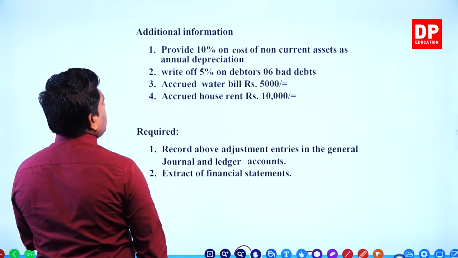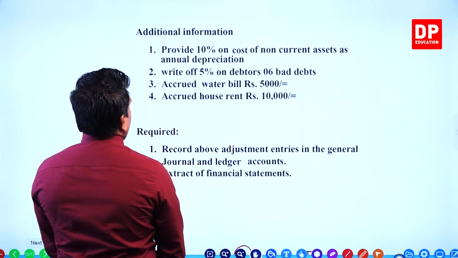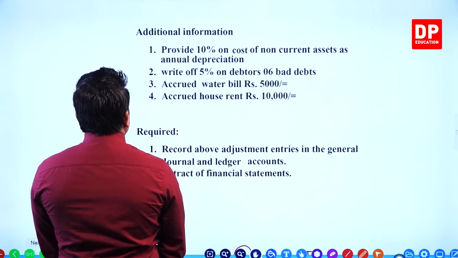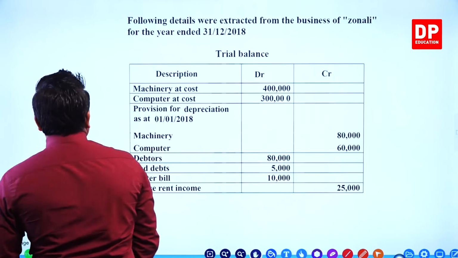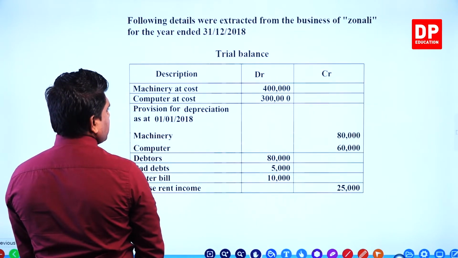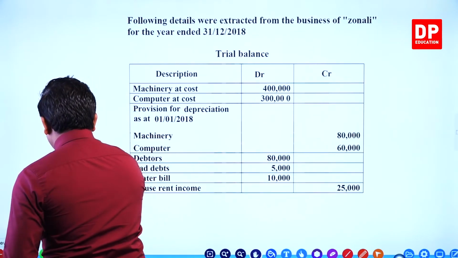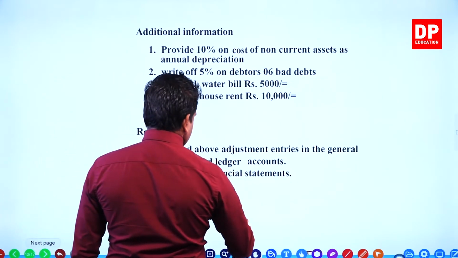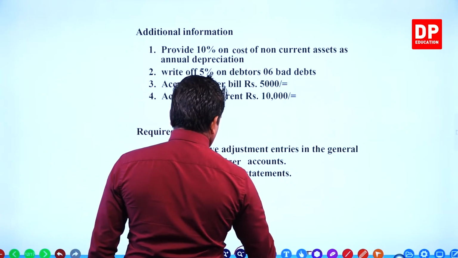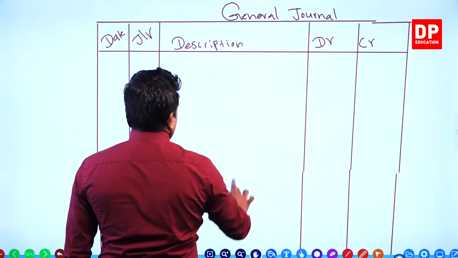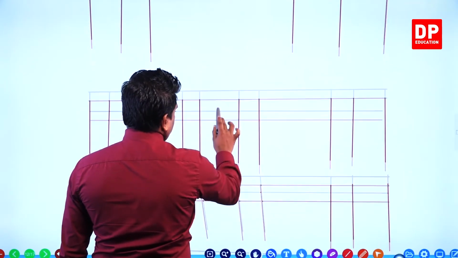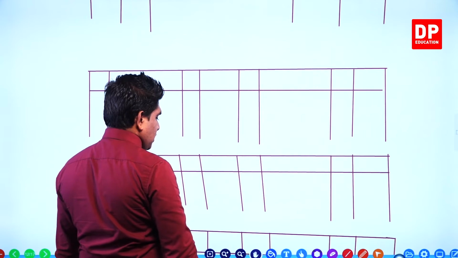Provide 10% on cost of non-current assets. Yeah. Then there are two types of non-current assets. What are they? Machinery and computer, right? Now you go to the ledger accounts related to the machinery and computer, right?